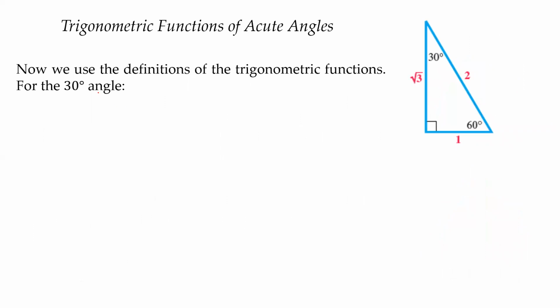We go back to the Pythagorean theorem. We know that from the Pythagorean theorem, a squared plus b squared is equal to c squared. The sum of the squares of the two sides is equal to the square of the hypotenuse.